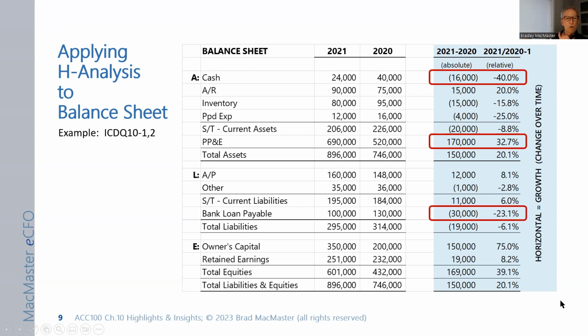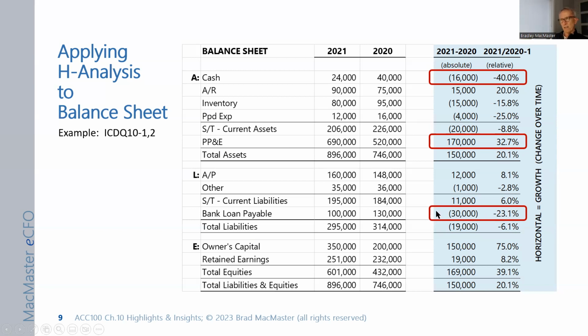The next item, of course, is the bank loan. Well, the bank loan was reduced by 23% or $30,000. And the reason I'm highlighting this is because it's a little bit inconsistent with the previous item we noticed. If somebody's buying property, plant, and equipment, it would normally be appropriate for them to be financing some of those purchases with new debt.